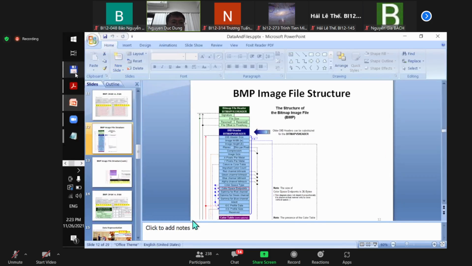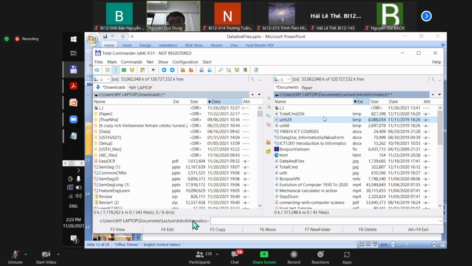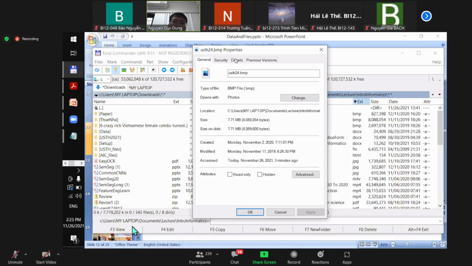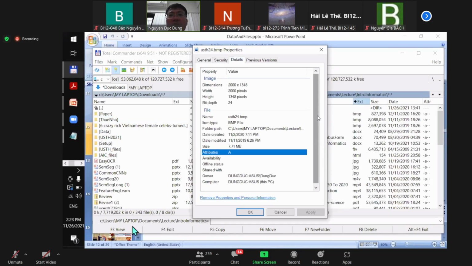For example, with the Total Commander, we select the bitmap files and we can see the properties, different properties, and also the details here. The Total Commander internal viewer can read the content of the bitmap file, and it gets basic information, the metadata of the pictures.